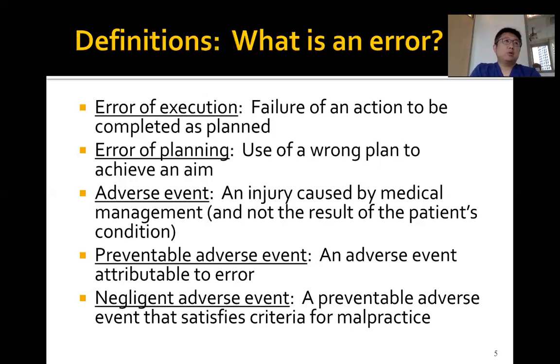So maybe Jessica, based on this slide, if you create a system, what kind of error can you prevent, or what is your objective goal? What do you want to do through this error system?